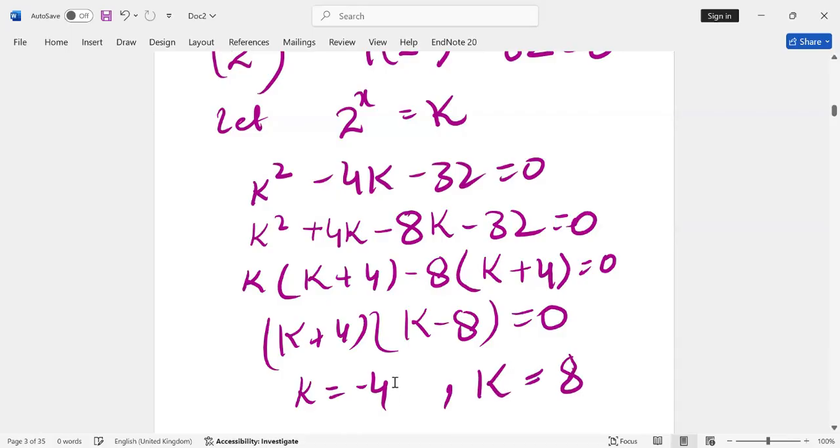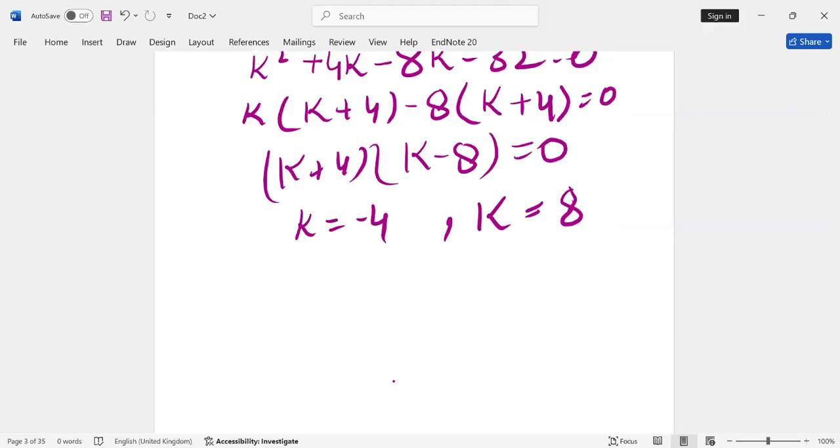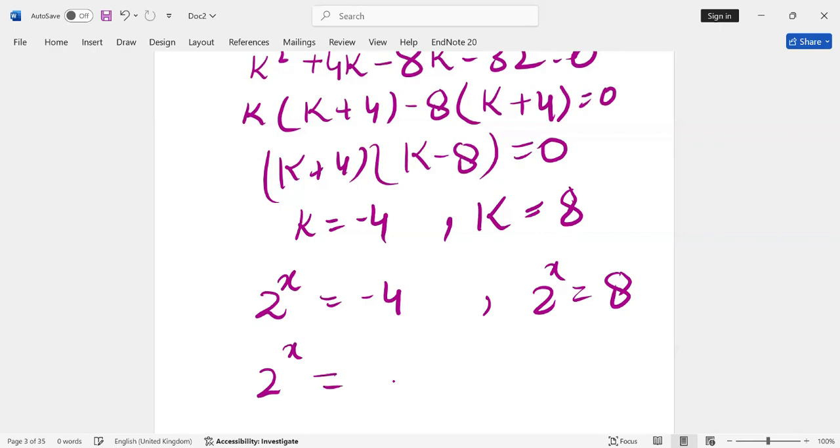Now it's time to substitute the value of k. As you know, k is 2^x, so 2^x equals minus 4 and 2^x equals 8. You can write the 8 in terms of 2: 2^x equals 2^3.